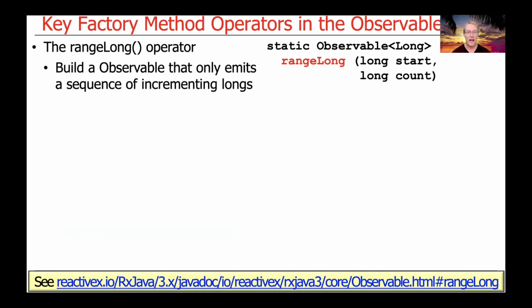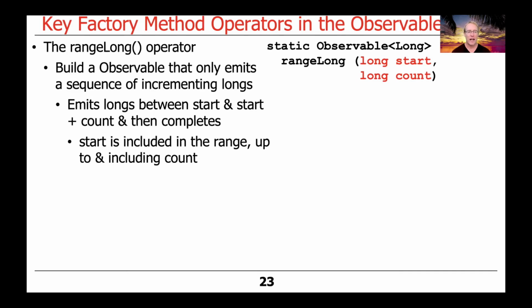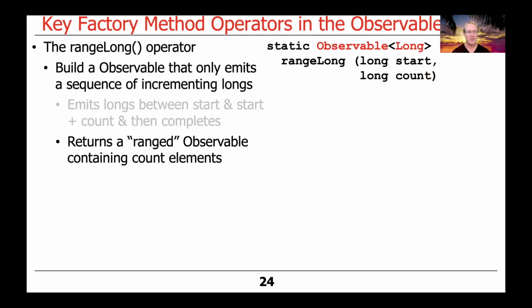Let's now take a look at the rangeLong operator. This operator will be used to build an observable that only emits a sequence of incrementing longs from a start to a count. And the values that are emitted start at start and go up to count, and then the operator completes. Start is included in the range, up to and including count.